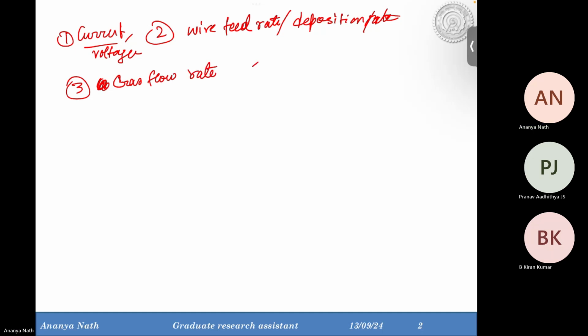Is there anything else other than these process parameters that we have not talked about, that will be used as another process parameter?